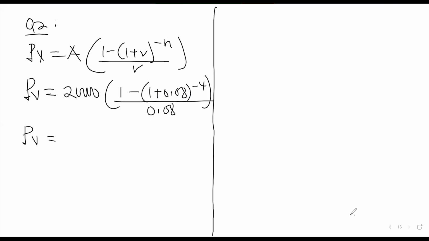Annuity factor for... I'm having 3.312. Can someone confirm that? Yes, please.